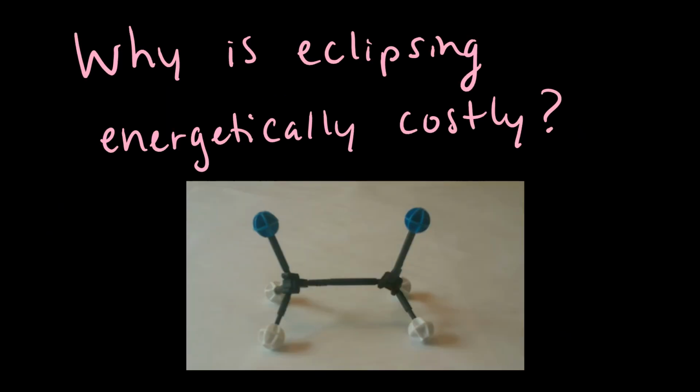The last idea that we need to talk about is, why does this eclipsing cost energy? As we know, electrons do not like to be near one another. They don't like to occupy the same space. There's a repulsion there. And so when they have to be lined up directly like this, when you have 2 sigma bonds across from one another, there's a sigma-sigma electron repulsion. And it's this repulsion that costs 4 kJs per mole.